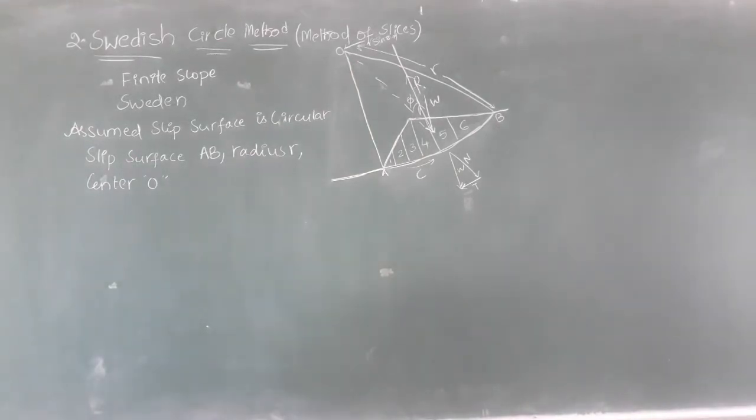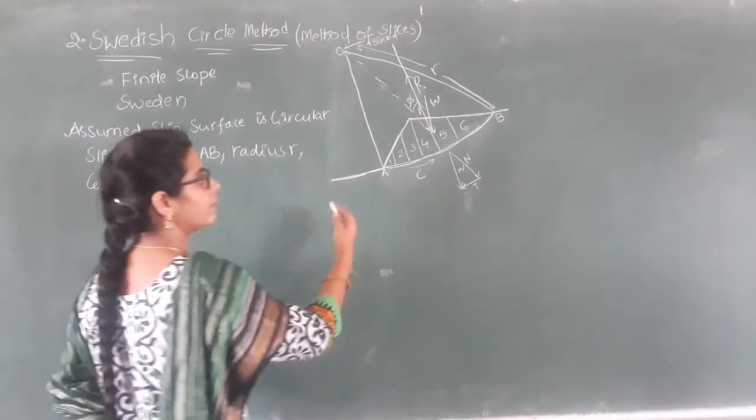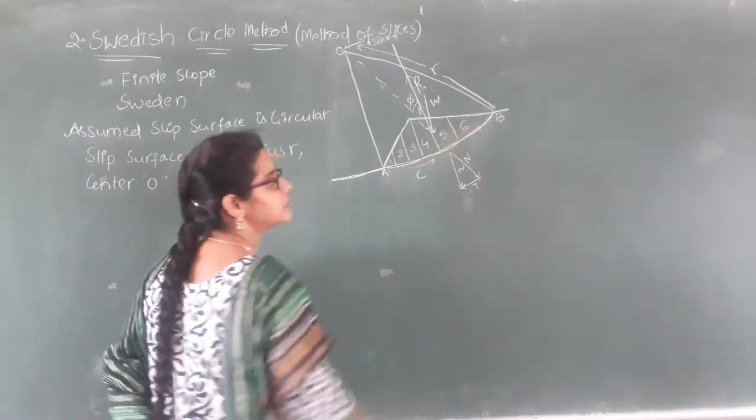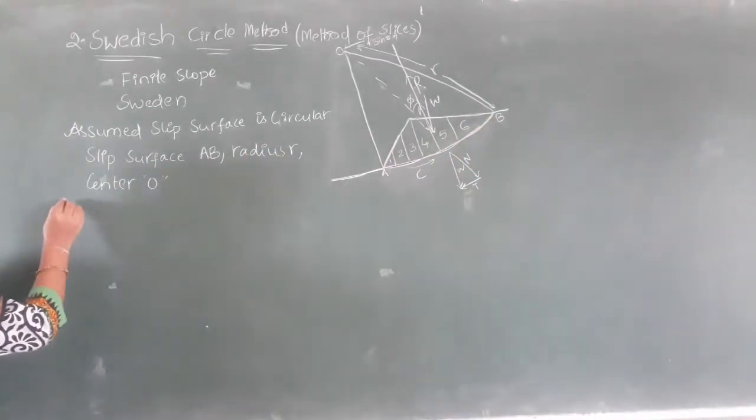So what are we doing in this analysis? We are dividing the failure wedge into 6 slices.